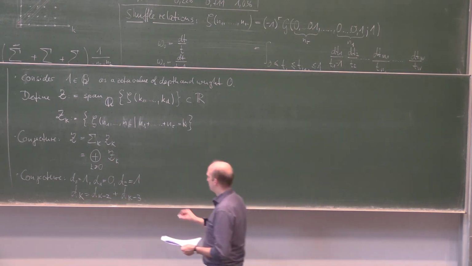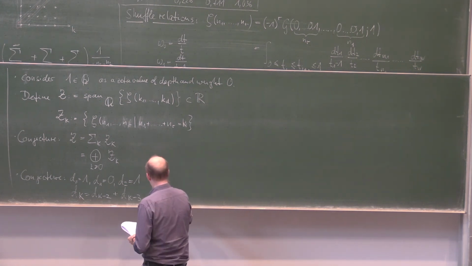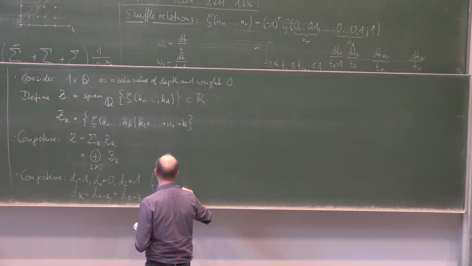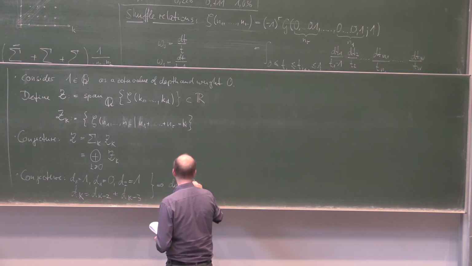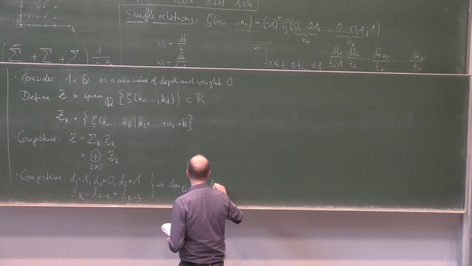Then the dimension, of course, again, the Q dimension of Zk equals dk.